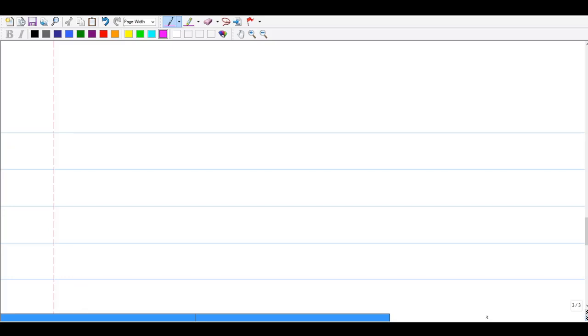First, convert the following complex numbers into polar form.